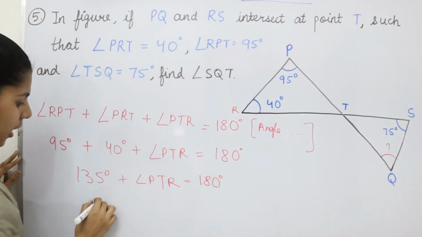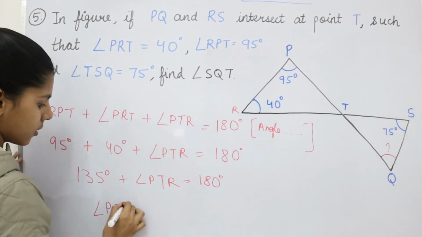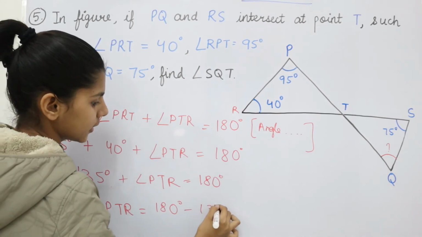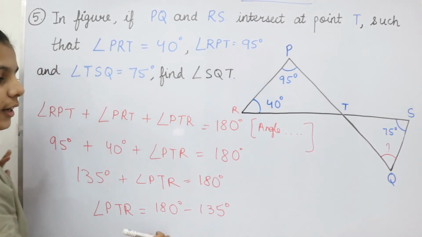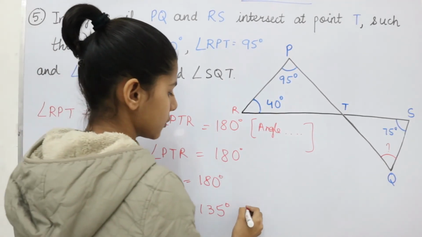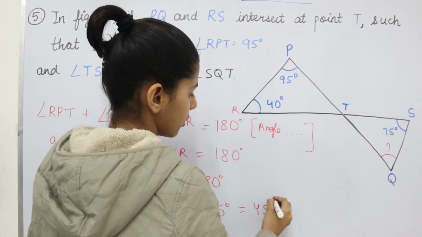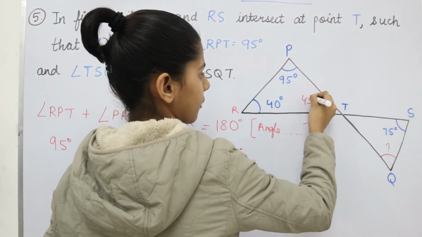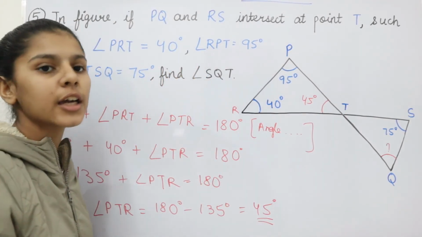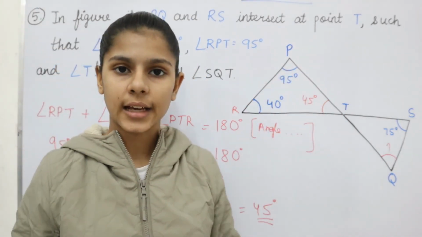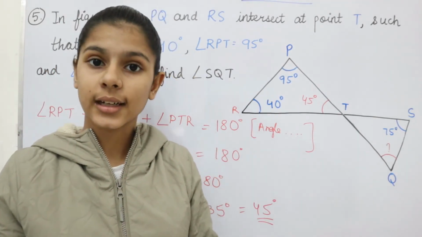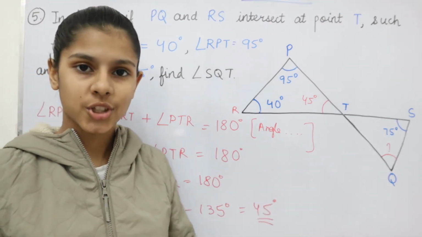So angle PTR will be 180 degrees minus 135 degrees. 180 minus 135 is 45. So this angle is 45 degrees, and you can verify your answer by adding these three angles. If you are getting 180 degrees, then your answer is right, and if you are not getting 180 degrees, then you need to check it.